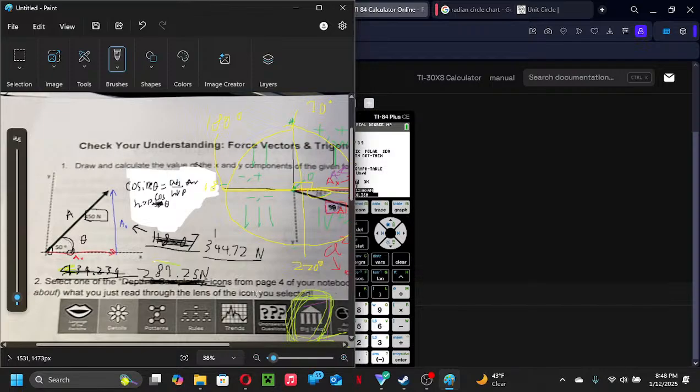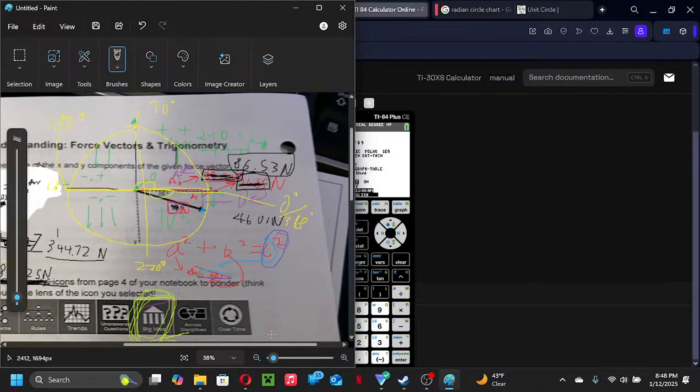And then graph 2, and I'll be sending this to everyone, so don't worry about having to look through the video and all that stuff. The y is equal to 86 point, and X is equal to 46.01.